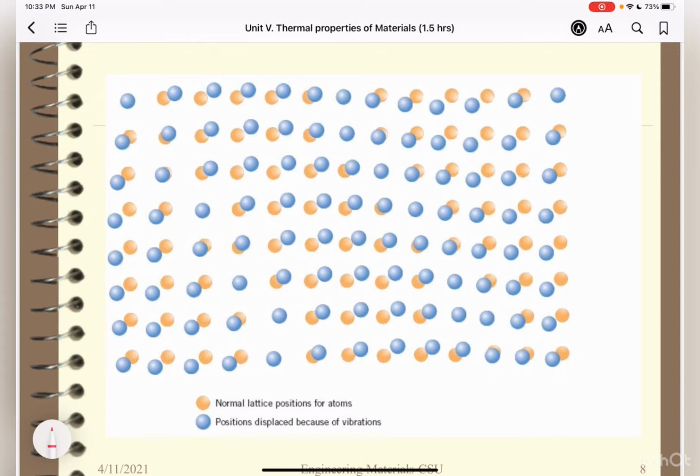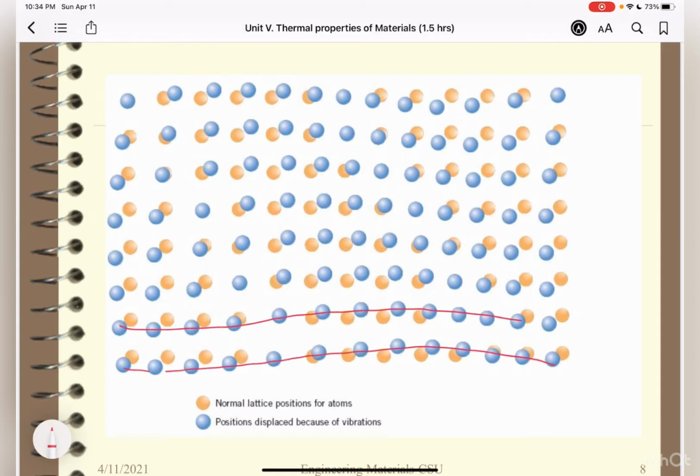These vibrations are coordinated in such a way that traveling lattice waves are produced. If the normal position of the lattice is given by the orange balls here, the blue balls give you the positions displaced because of vibration.